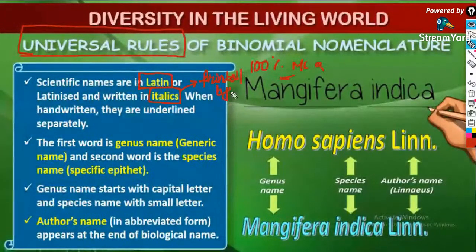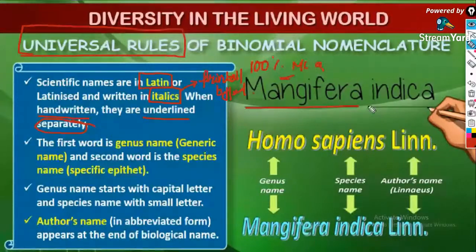When they are handwritten, the terms have to be separately underlined. Whenever it is typed, it is in italics and there is no need of underlining, but whenever it is written by hand, the terms have to be separately underlined.